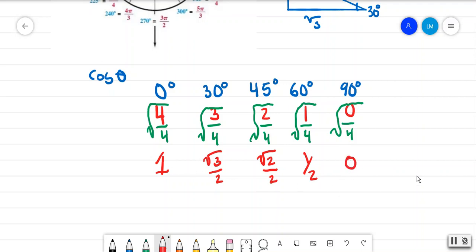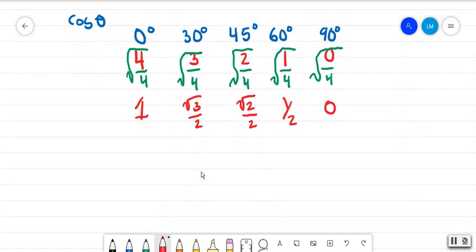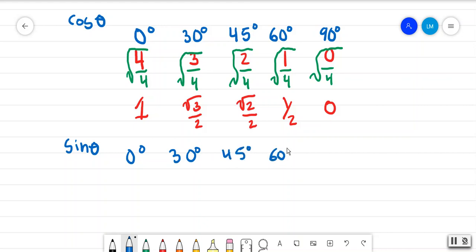Now, interestingly enough, if you were to look at, say, for example, the sine function, in this case, it's like you're just reversing. For sine, you look at 0, 30, 45, 60, and 90 degrees.